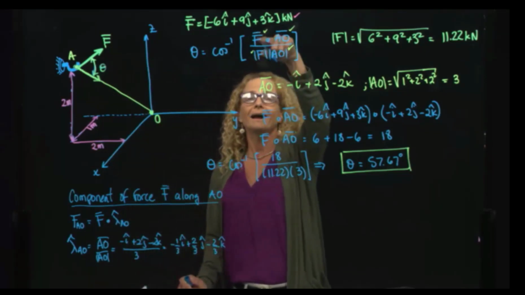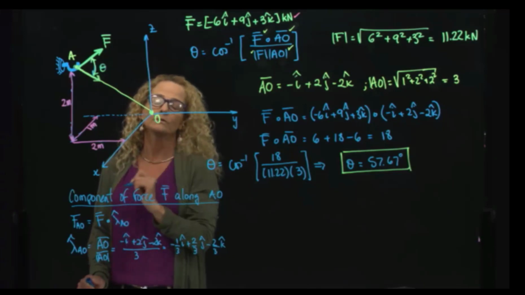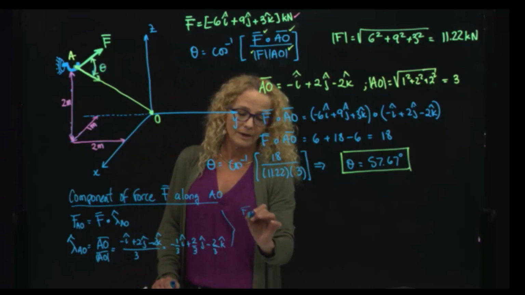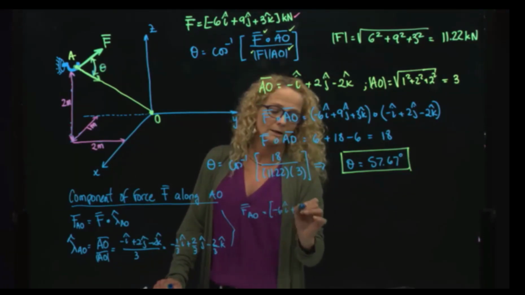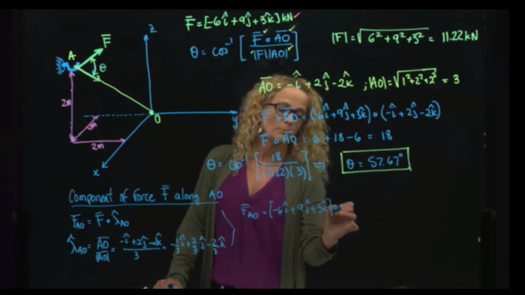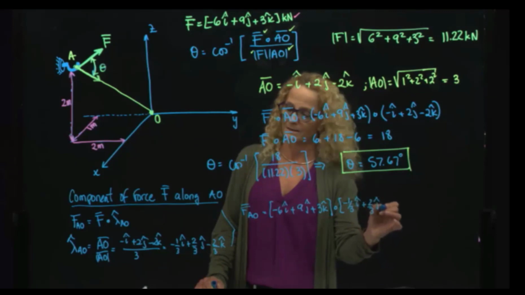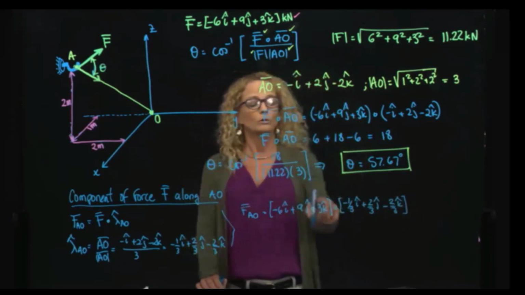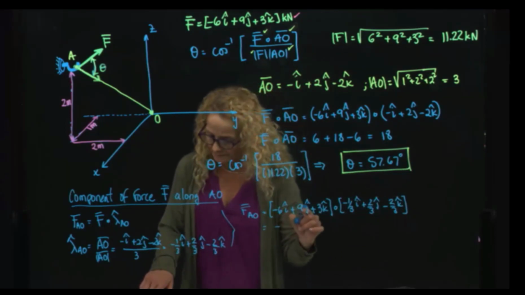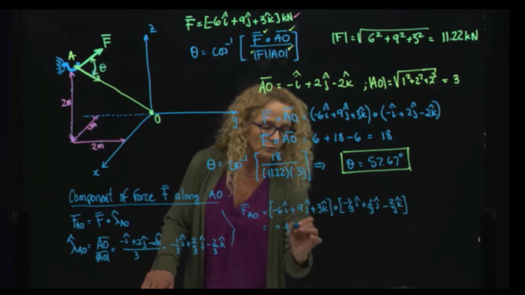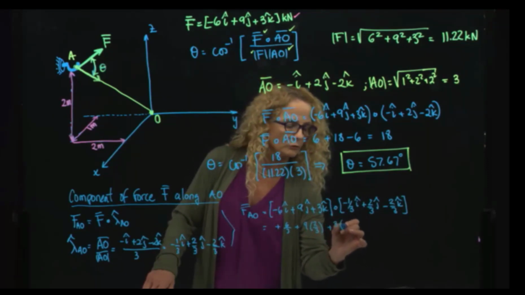And this is the vector that I will dot product. So look at this difference. Before, I was multiplying one vector times another vector, dot product. Here I am doing a dot product, but not with the vector, only with the direction of the vector. So FAO will be equal to my force, which is -6I plus 9J plus 3K, dot product with the direction, -1/3 in I plus 2/3 in J minus 2/3 in K. Again, since it's a dot product, I will multiply I dot I, J dot J, and K dot K. This is equal to -6 times -1/3, which gives me positive 6/3, which is 2, plus 9 times 2/3, which is 6, plus 3 times 2/3 negative, which is -2.